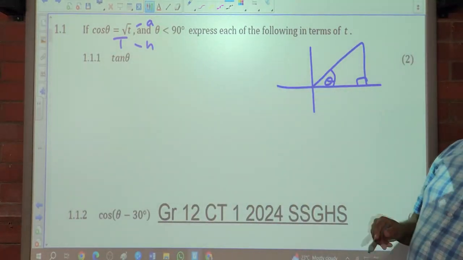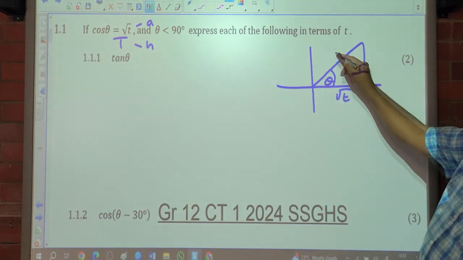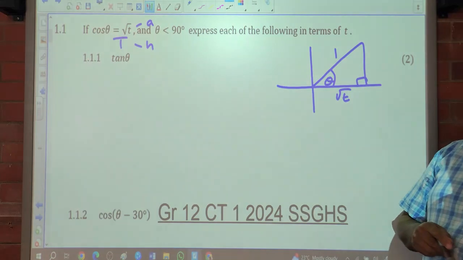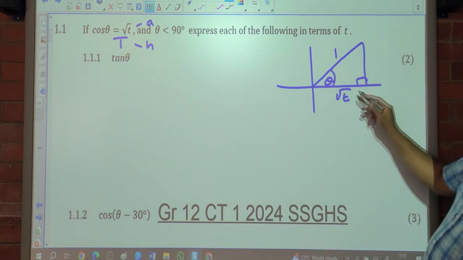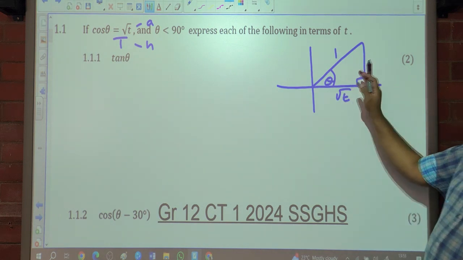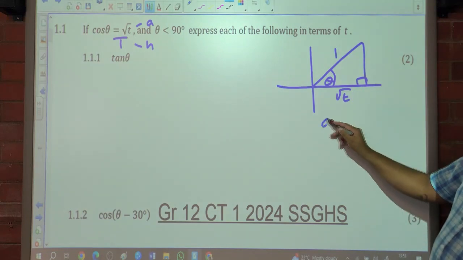So there's my angle. So the adjacent is going to be the square root of t, hypotenuse is going to be 1. So how do I get the opposite side? I apply Pythagoras, yes. For those of you hearing it for the first time, since it's a right angle triangle, there's one unknown side I need to calculate, which is my opposite.